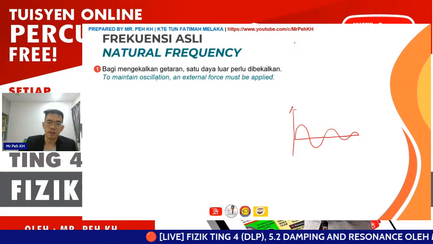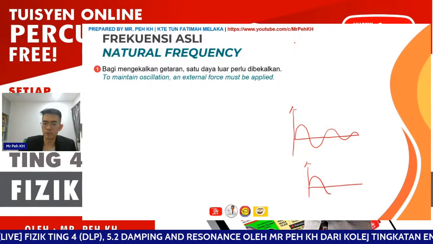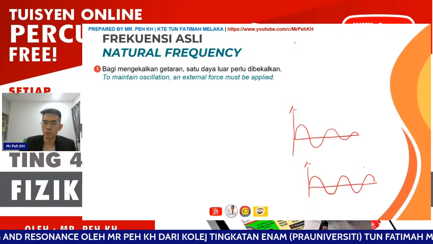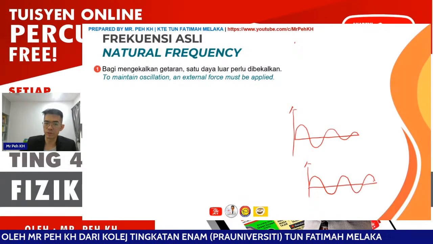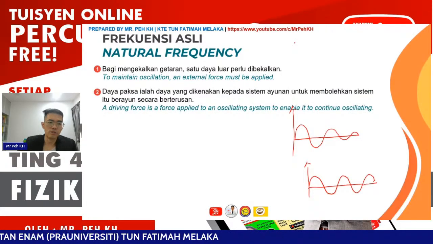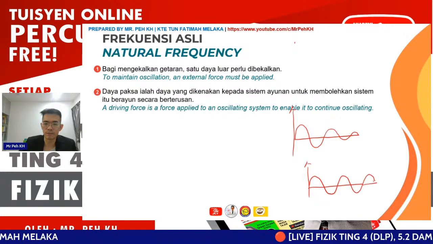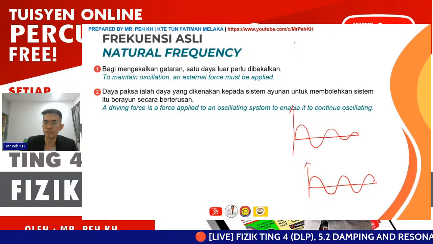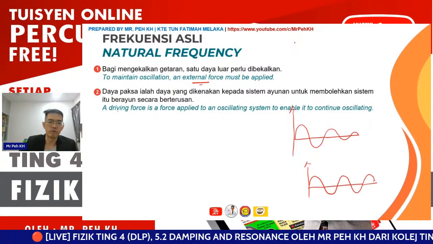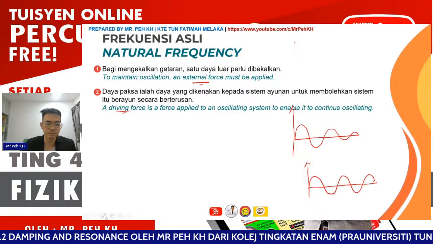To maintain the oscillation, for example if we want our pendulum to continue to swing, you have to apply an external force. A driving force is the force applied to an oscillating system to enable it to continue oscillating. So the external force here refers to the driving force we want to give to the system.